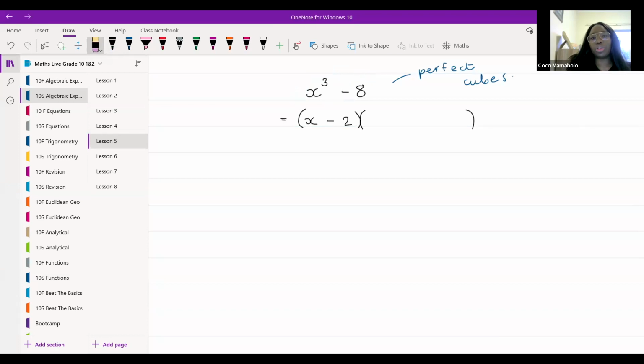Now, what we're going to do next is we're going to take x and we're going to put it over here, but we're going to square it. Tinyiko, you are a legend. You just forgot to change the sign of your negative 2x. Okay. Over here, I'm going to get x squared. Then I'm going to go all the way to the end, and I'm going to take negative 2 and put it over here, and square it.